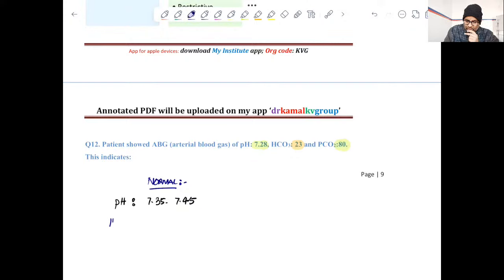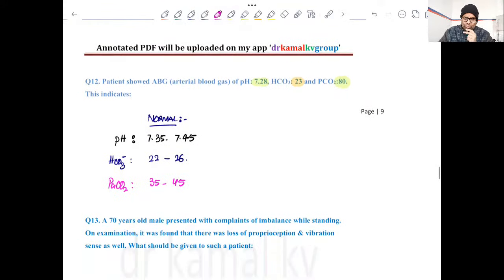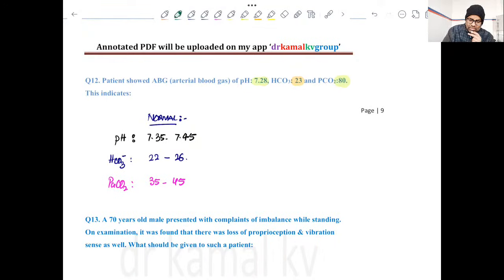For bicarbonate, this is 22 to 26, and for PaCO2, this is somewhere between 35 to 45. Clear? So obviously, if the pH is less than 7.35, this is acidosis, and if it is more than 7.45, this is alkalosis. So in our question, the pH is 7.28, so this is of course acidosis.